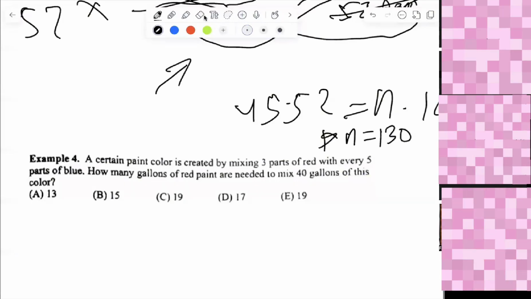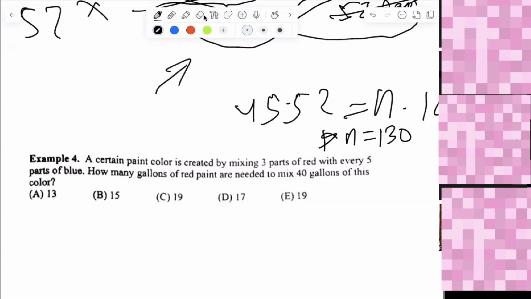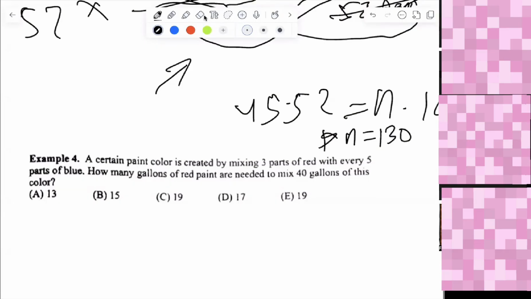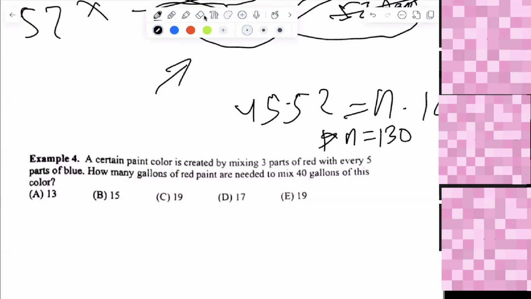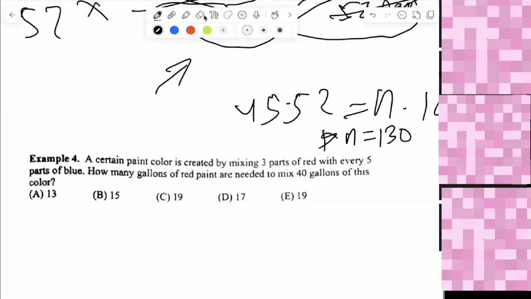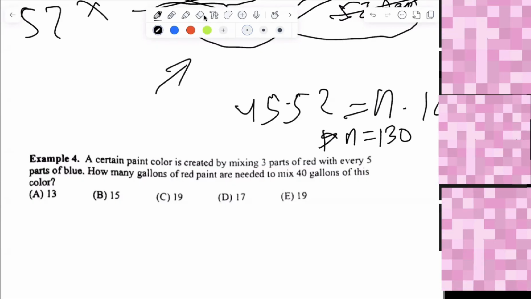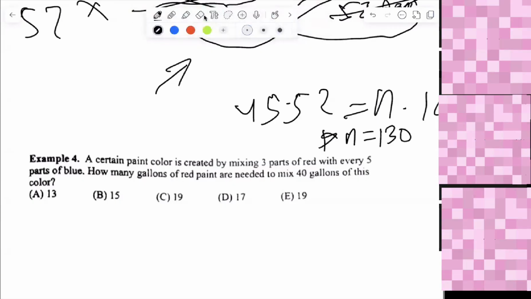All right, let's get started with this question. A certain paint color is created by mixing 3 parts of red with every 5 parts of blue. For 1 gallon, this is basically saying 3/8, a total of 8 mixtures, that would be 3 plus 5.